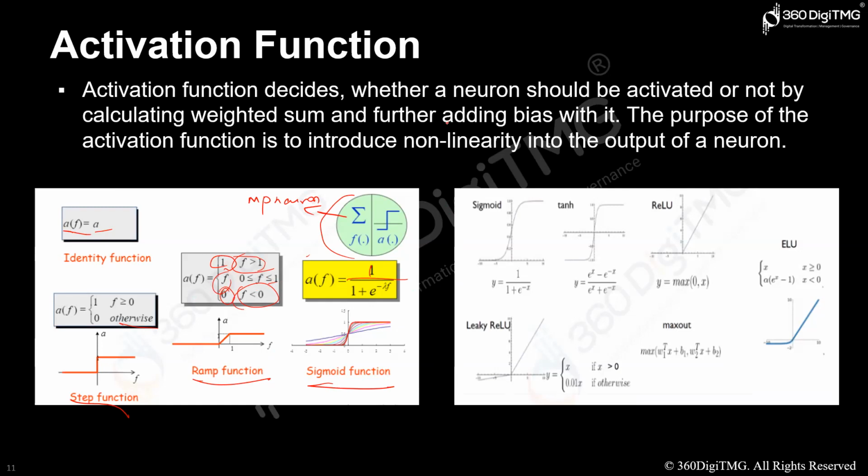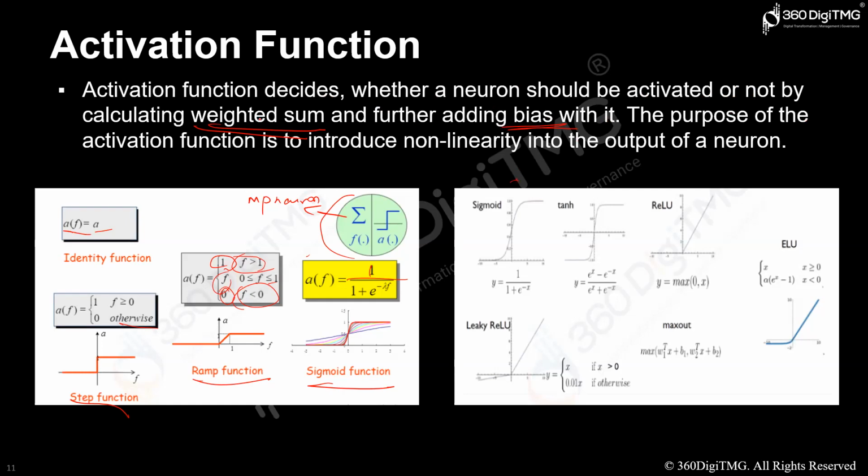So what does this activation function do exactly? It decides whether a neuron should be activated or not by calculating the weighted sum and further adding bias to it. We already saw that the bias would be 1.